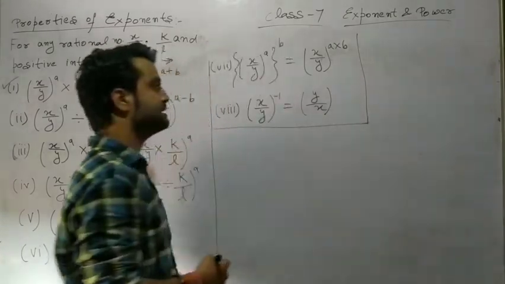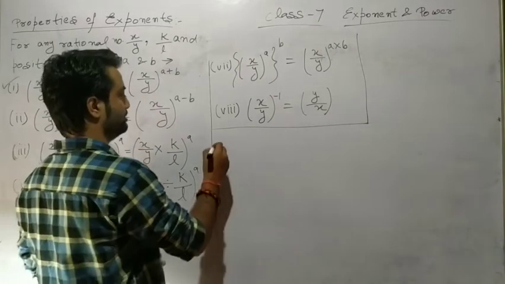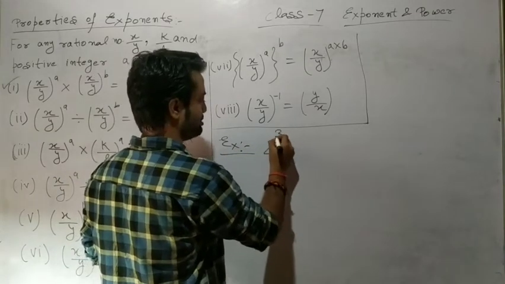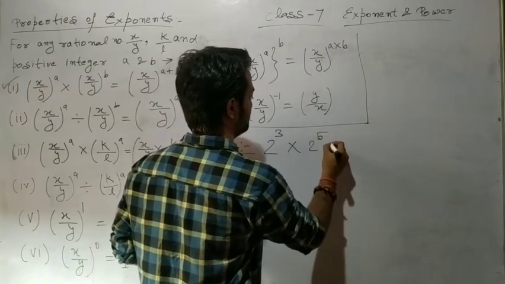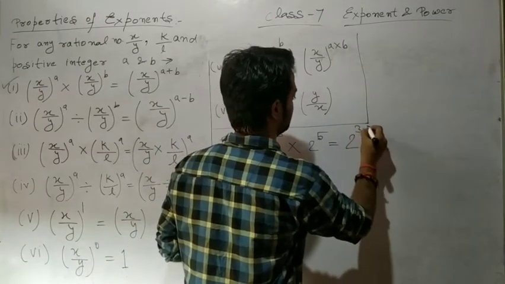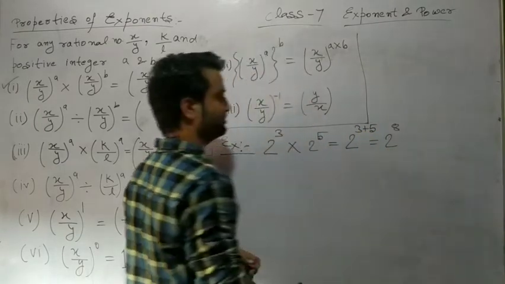So how can we say that? Let's have a look at an example. It says 2 raised to the power 3 into 2 raised to the power 5. We can write it as 2 raised to the power 3 plus 5, that is 2 raised to the power 8.